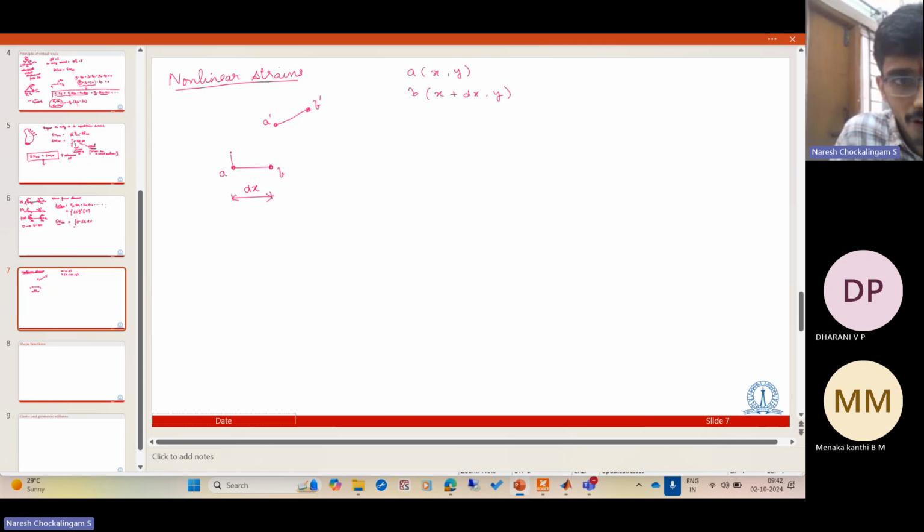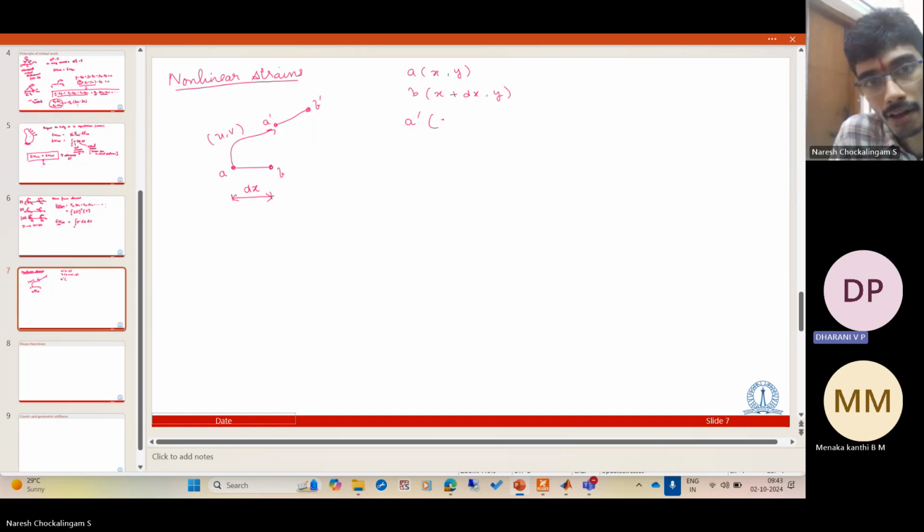So suppose this point has the displacement u comma v. Then what is the position vector of A dash? It's x plus u comma y plus v, right? So the point A has got the displacements u comma v. So after deforming, the point A goes to A dash. So the position vector of point A dash will be x plus u, y plus v, because it has displaced by u and v.